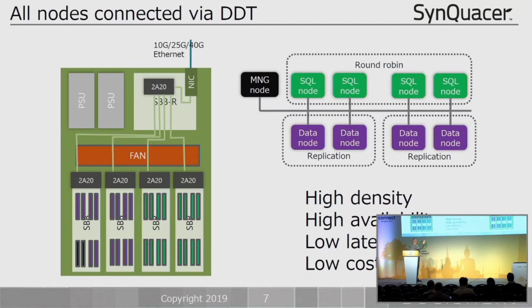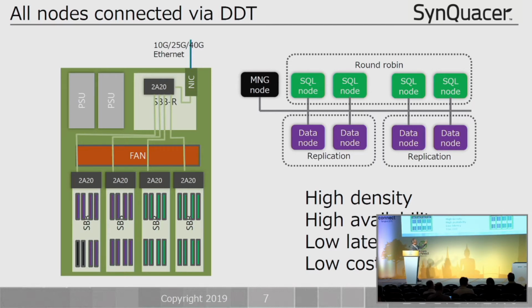And inside the SQL node, once we assign the MySQL cluster, it automatically distributes the task to the database node. And we can select the number of replications. If we pick 2, the data replication will be located automatically. And then we can also scale the data node.